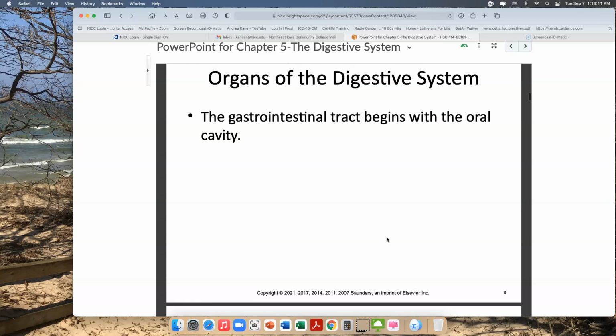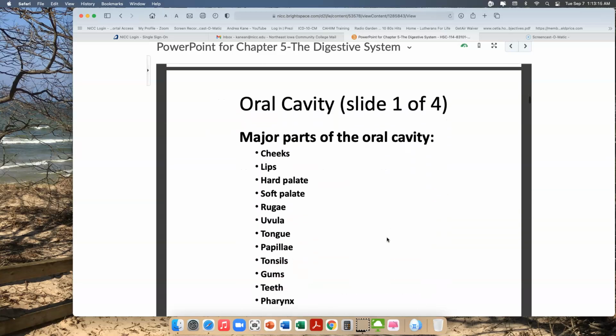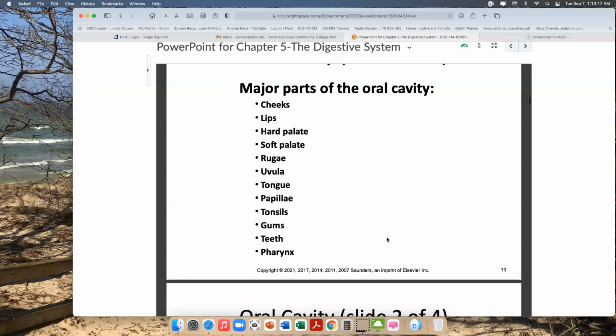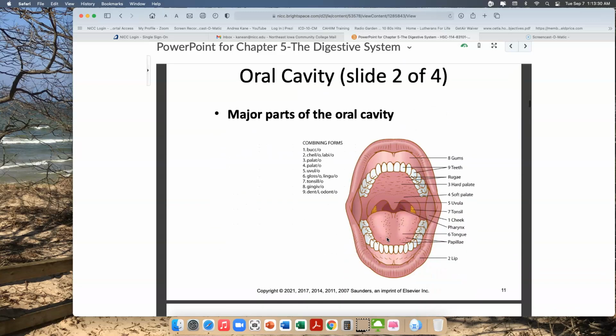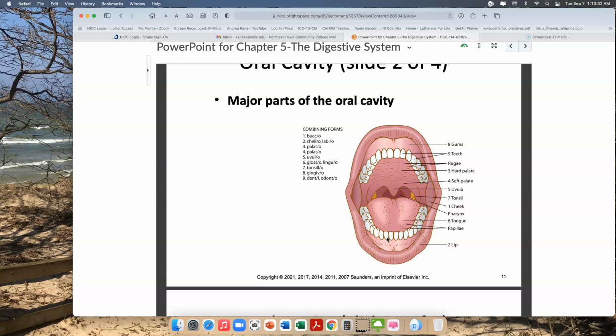So the organs of the digestive system start with the oral cavity. The major parts of the oral cavity include the cheeks, lips, hard palate, soft palate, rugae, uvula, tongue, papillae, tonsils, gums, teeth, and pharynx. And this is a visual to help you see the major parts of the oral cavity.